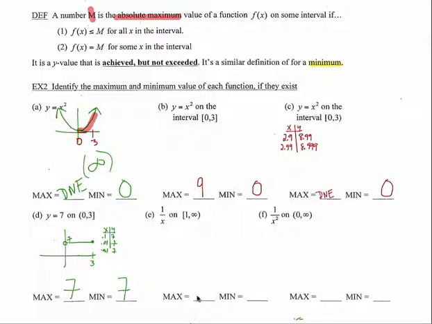All right. E, this graph looks like this. Asymptotic up to the y-axis, asymptotic out to the x-axis, and then for negative values of x, it's looking like this.